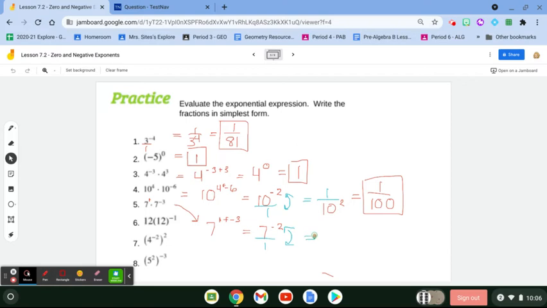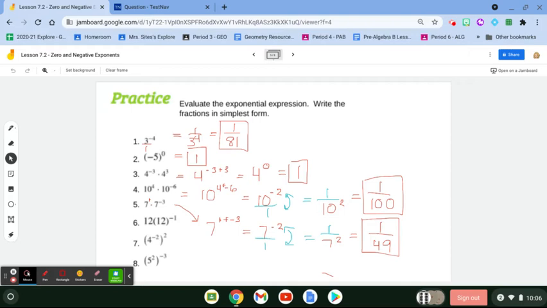So it becomes 1 over 7 to the 2nd. And my last step is I'm going to simplify 7 to the 2nd power, or 2 copies of 7, which is going to give me 49. So final answer for question number 5 is 1 over 49.